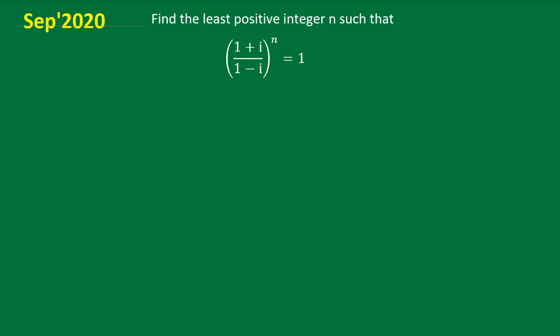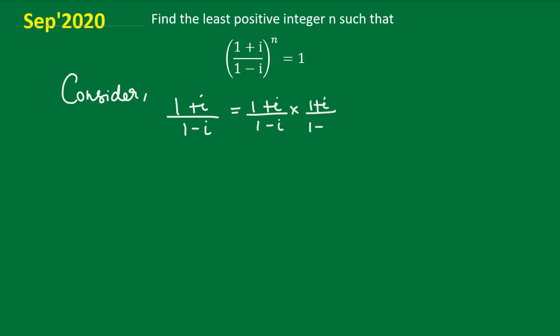The next question, find the least positive integer n such that given ((1+i)/(1-i)) whole power n is equal to 1. So let us consider the term inside the bracket, (1+i)/(1-i). Like the previous problem, we take the conjugate of the denominator: (1+i)/(1-i) into (1+i)/(1+i).